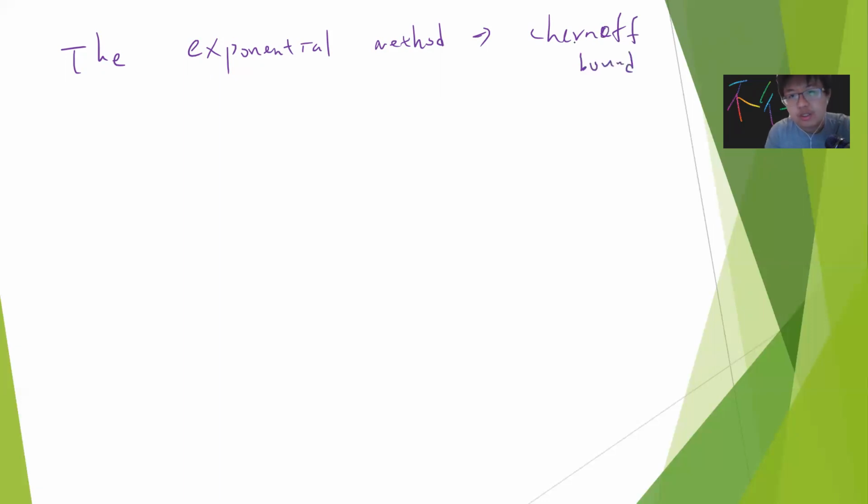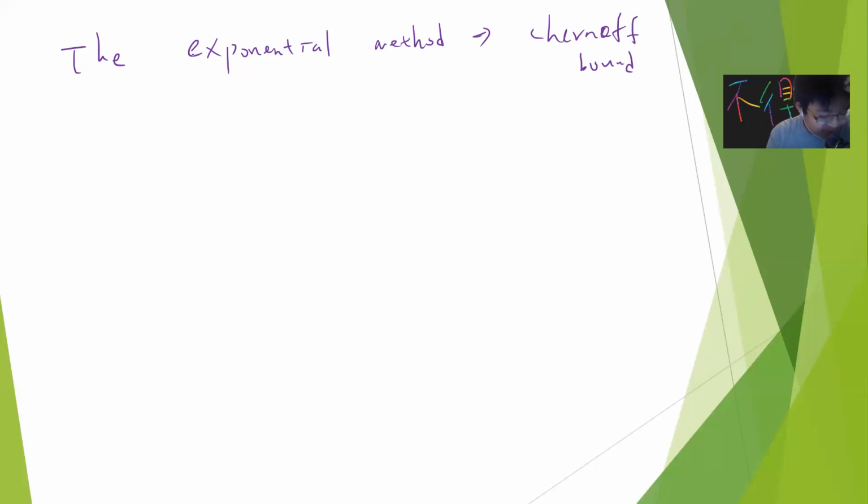Okay, so the third one is the exponential method, which gets you an idea of Chernoff bounds, which is a very, I mean, strange idea.